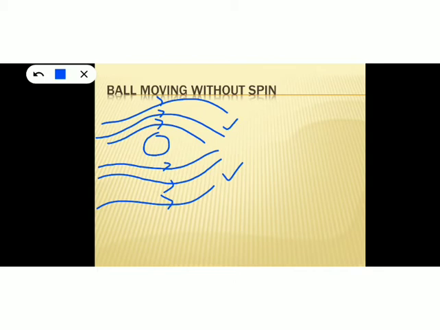Since there is no velocity difference, the pressure difference also will be 0. Hence, there is no upward or downward force on the ball. That means the ball will not move up. No upward or downward force is experienced by the ball. It will continue to move along the same horizontal path. But what happens when the ball moves with a spin?